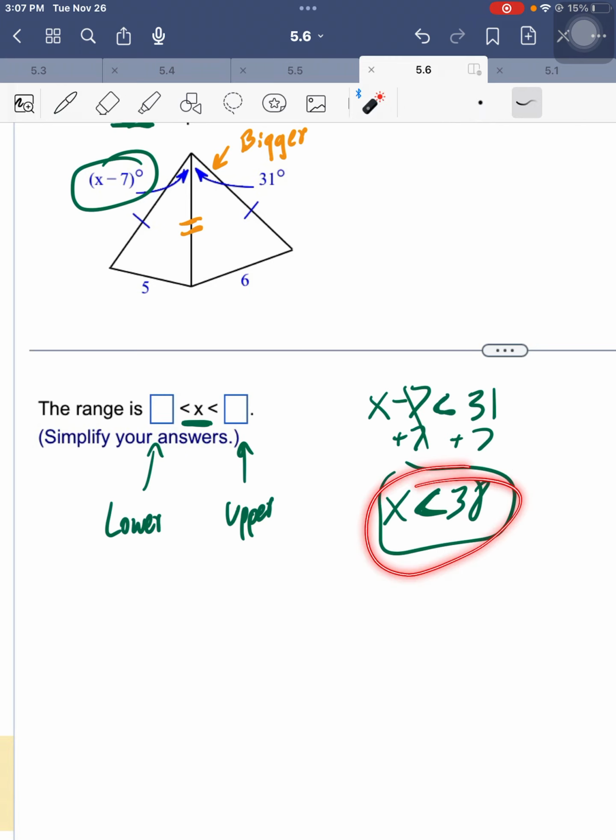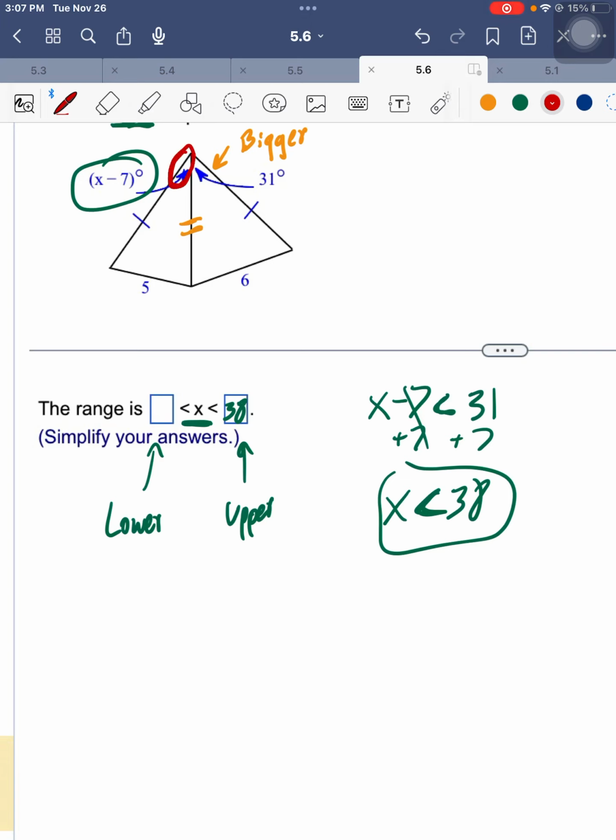And look at that, that goes perfectly in line right here. This is perfectly placed right here. So I'm going to put 38, now in red, so in red, let's draw. So we have the upper limit of what x could be.